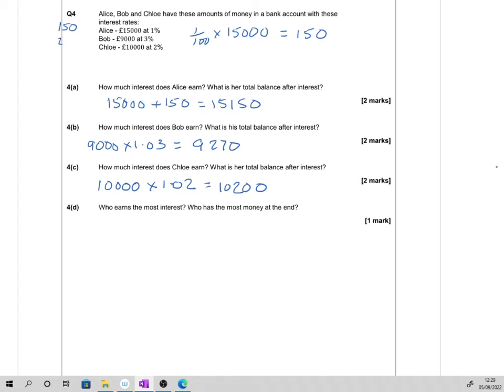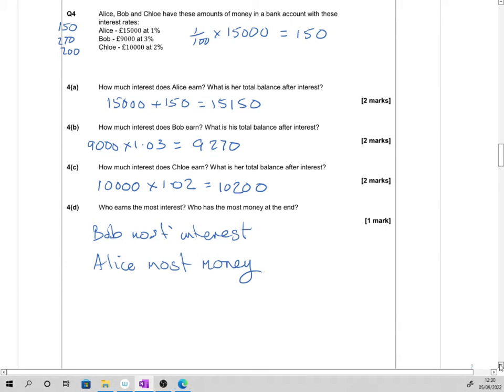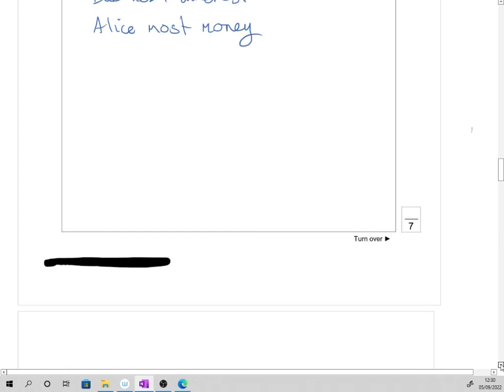That's 3 nines is 270, and 1% is 100, that's 200. So Bob, most interest. Who's the most money at the end? Alice. Alice has the most money.